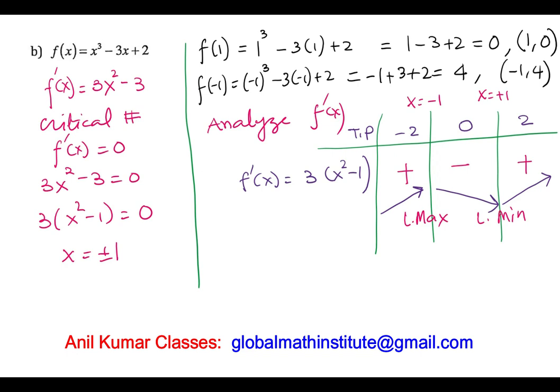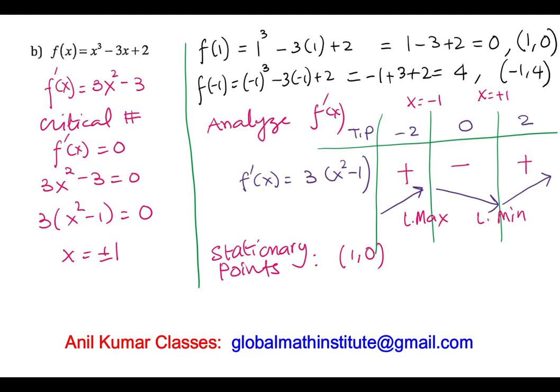So we can say that the stationary points, we can classify these points, correct? So we have two of them. One is (1, 0).